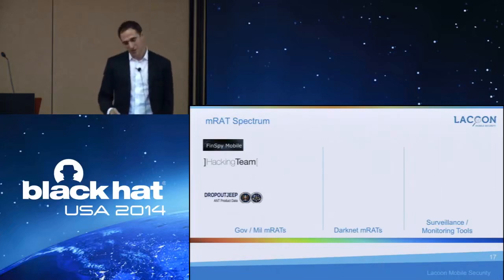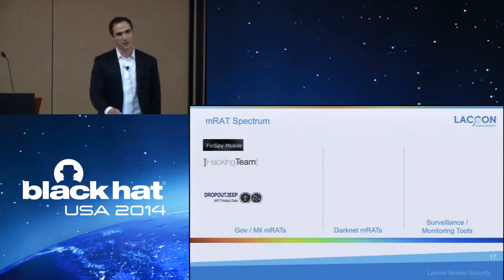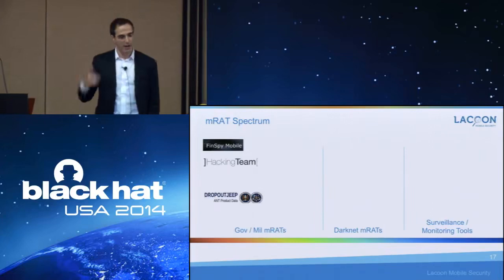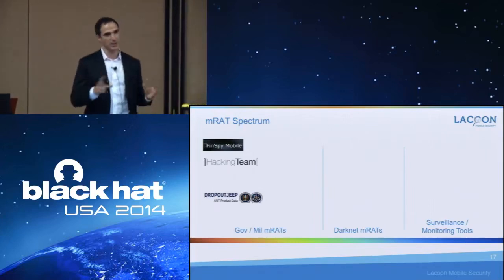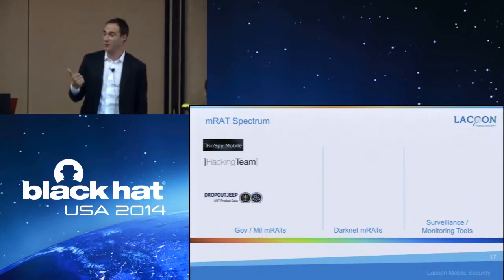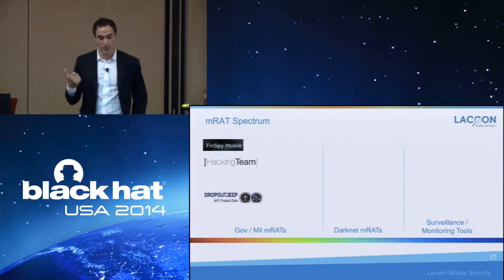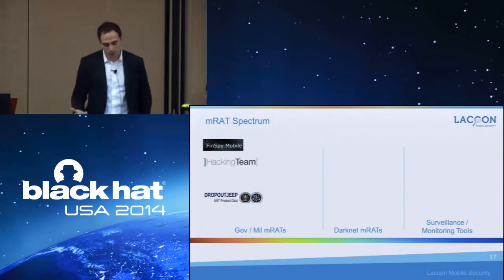And as a good segue, yesterday FinSpy was actually hacked and 40 gigabytes of their data was exfiltrated, and now it is online. You can find a torrent with the source code of their mobile malware.